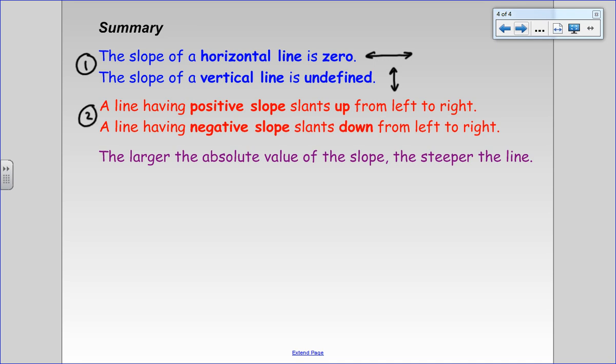Second, we've seen that a line having positive slope slants upward from left to right, while a line having negative slope slants downward from left to right. Third, the larger the absolute value of the slope, the steeper the line. So for example, a line having a slope equal to 2 would be steeper than a line having a slope equal to 1.